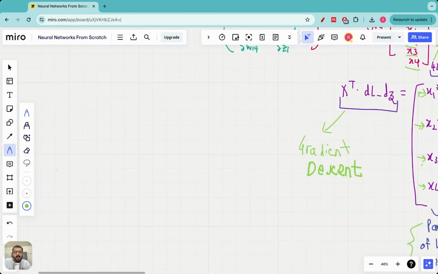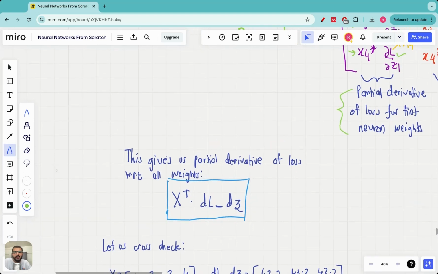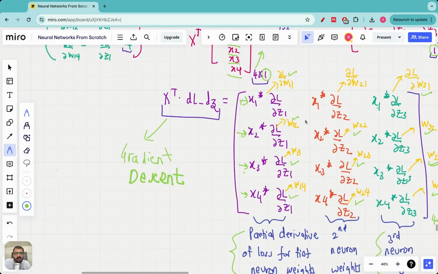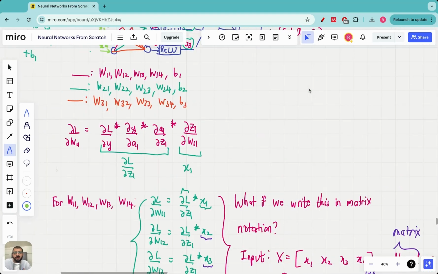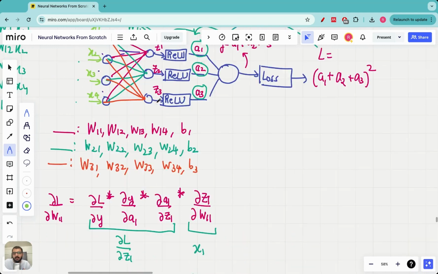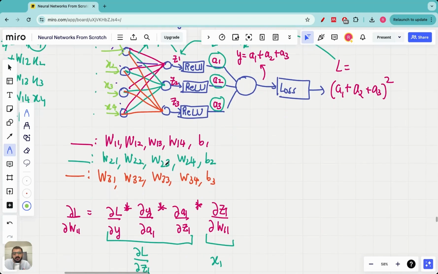Okay. So up till now we have seen the partial derivative of loss with respect to all the weights. But what about the partial derivative of loss with respect to biases? Let's look at the first bias, which is B1, the bias of the first neuron.